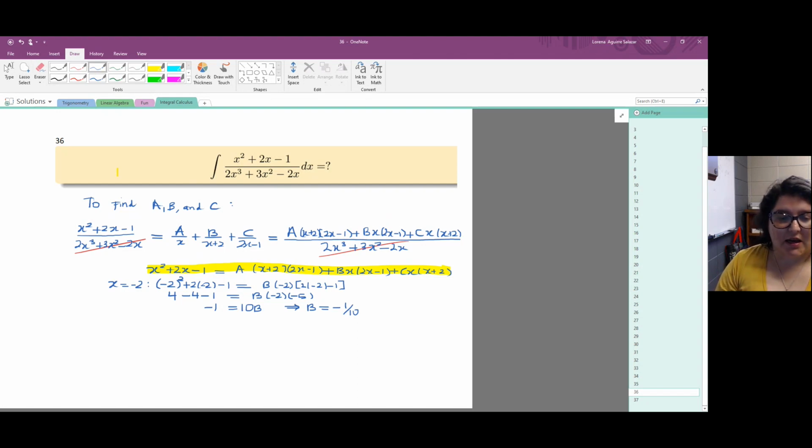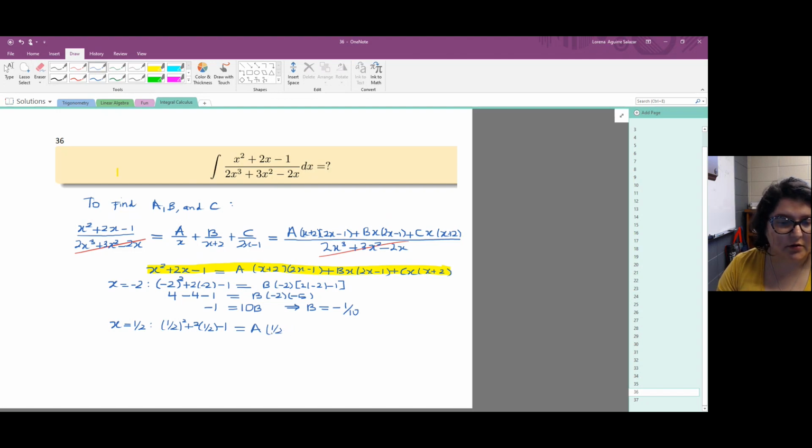We chose x equals -2 because then the right-hand side of the equation that is highlighted gets really easy when x equals -2. Same with x equals 1/2, because in that case, twice x minus 1 is 0. So we get that 1/2 squared plus twice 1/2 minus 1 should be equal to a times 1/2 plus 2 times 0.